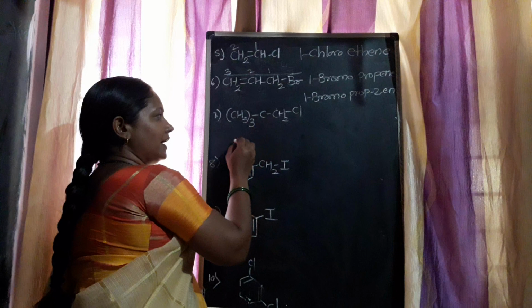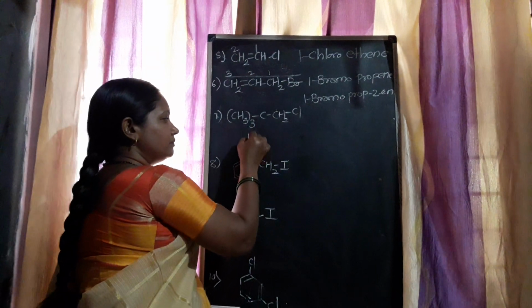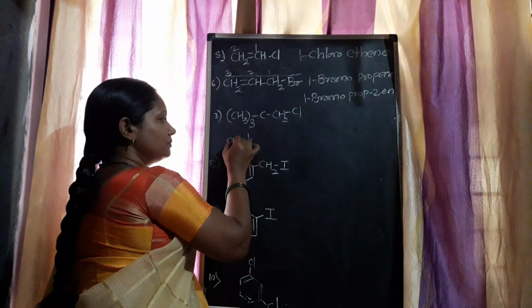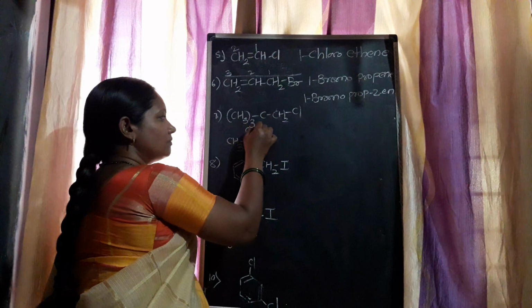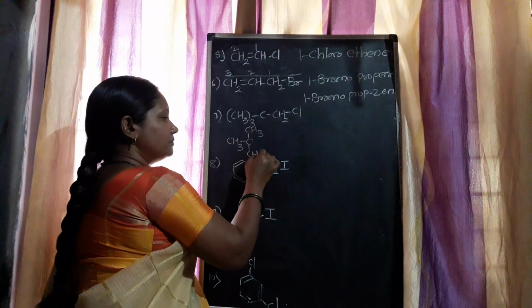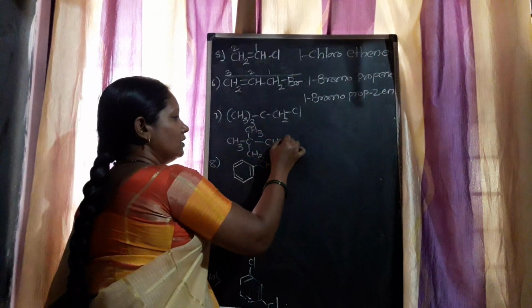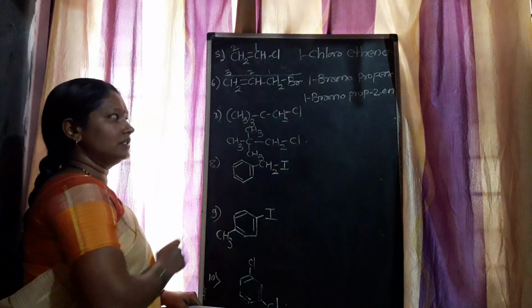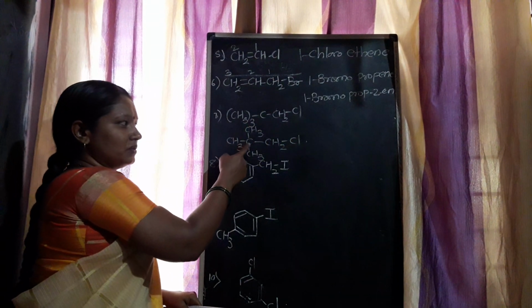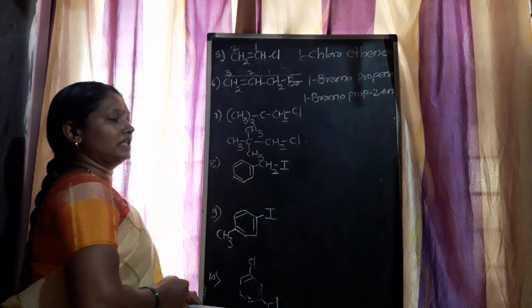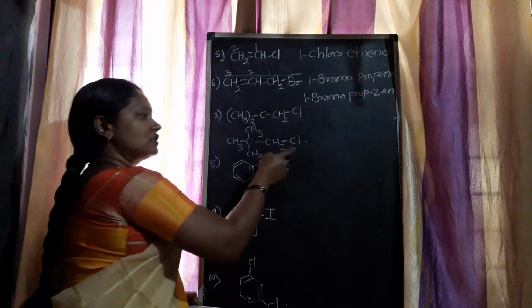Now first you can write the structure like this one: CH3 thrice means to this carbon atom the three methyl groups are present, then CH2Cl.